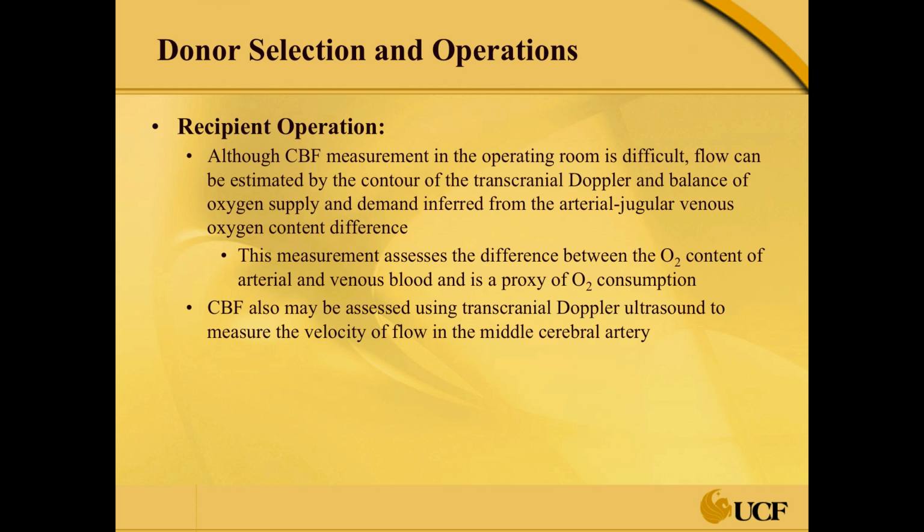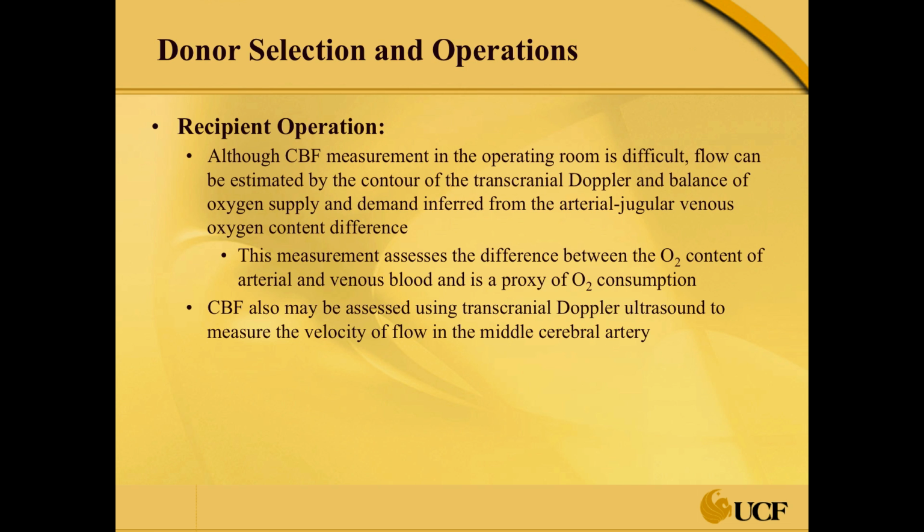And cerebral blood flow also may be assessed using that transcranial Doppler ultrasound to measure the velocity of flow in the middle cerebral artery. All right, and we're going to learn in the next lecture for Unit 6 just why that is such an important thing. One of the things that we use to confirm brain death in individuals is exactly what I just said.